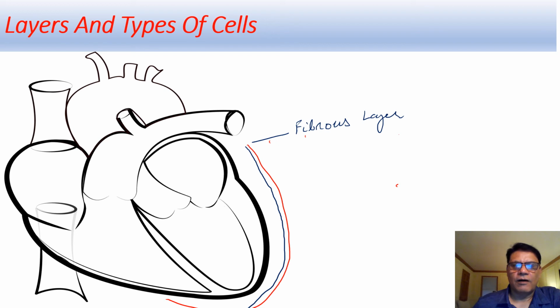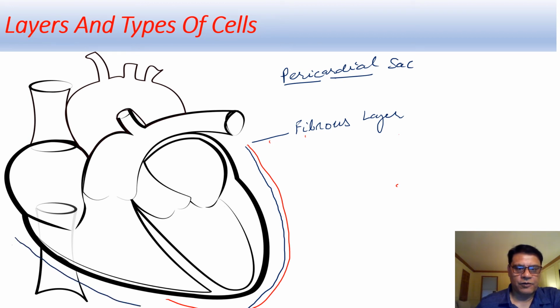This sac is called the pericardial sac. Peri means around, cardia means heart. So this is located around the heart, that is called the pericardial sac. So this pericardial sac has two membranes. Number one, the fibrous membrane, and the other is the serous membrane.